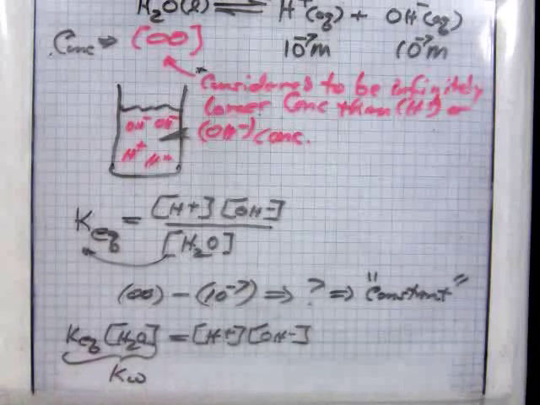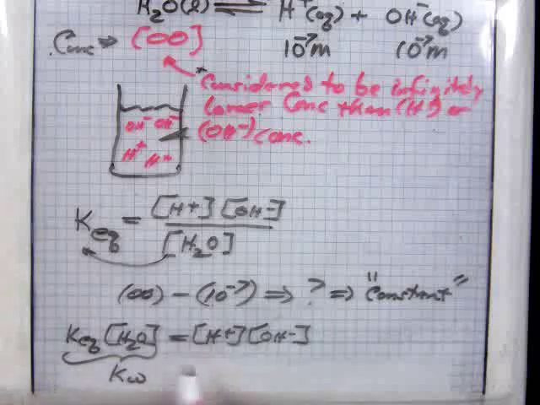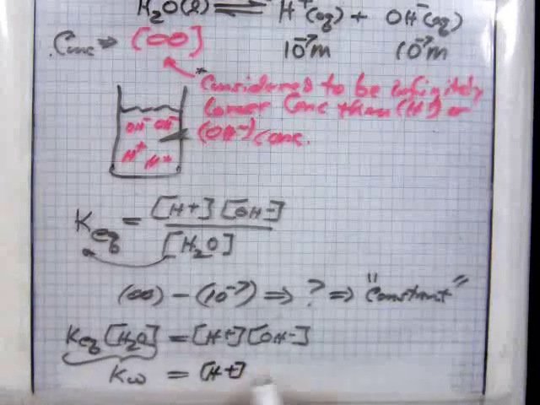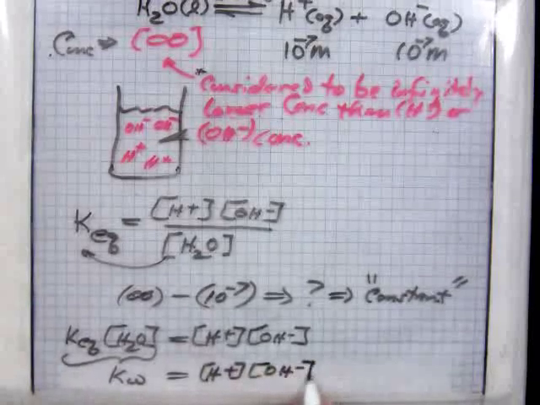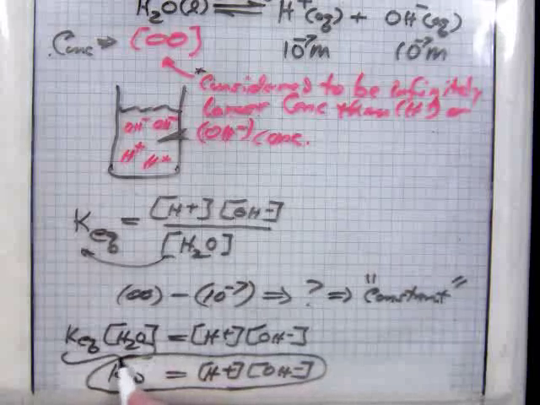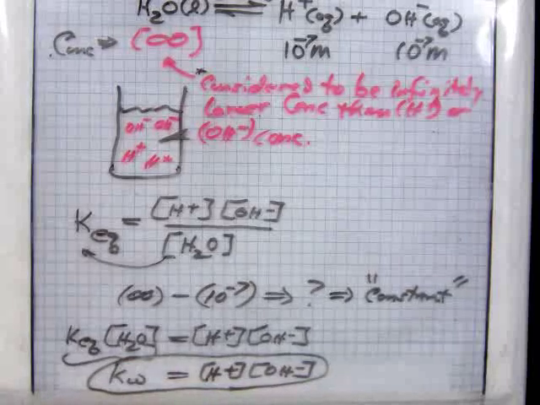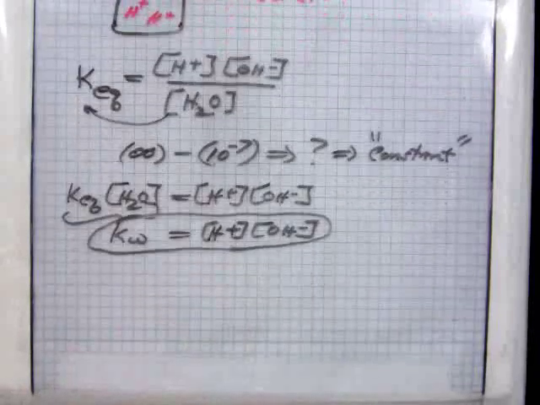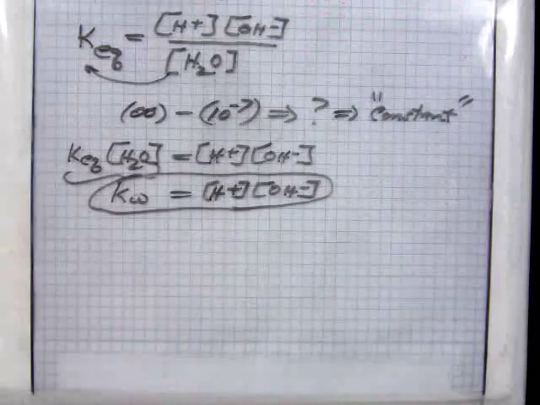That's what it ultimately boils down to. And Kw expression is H plus times OH minus, like that. So this is the foundation equation for understanding analytical chemistry of acid-base systems, so that it is from here we will use this to work some problems and so forth.